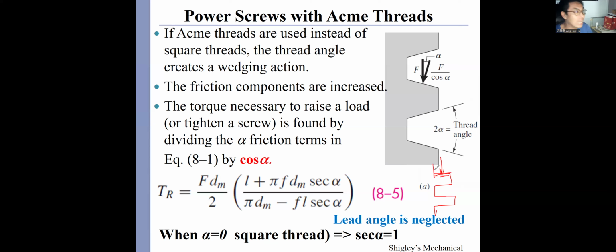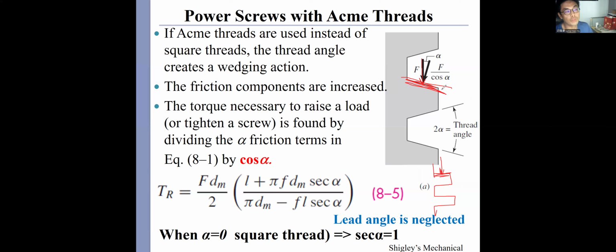However, for the Acme thread, the force is applied to the thread surface at a specific angle, with half of the thread angle. That means the force is going to be separated, so only part of the force is applied to the Acme thread surface.